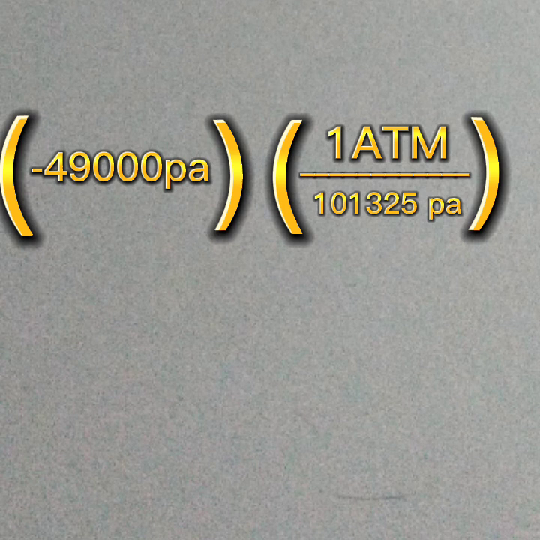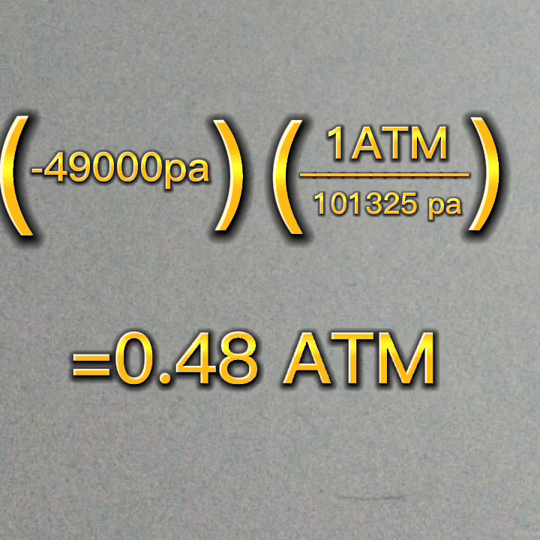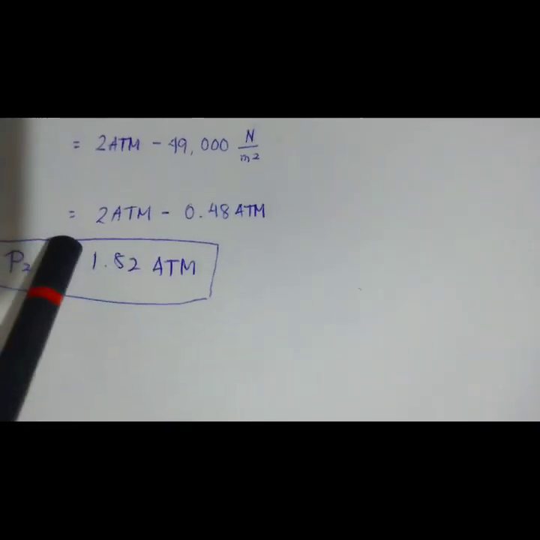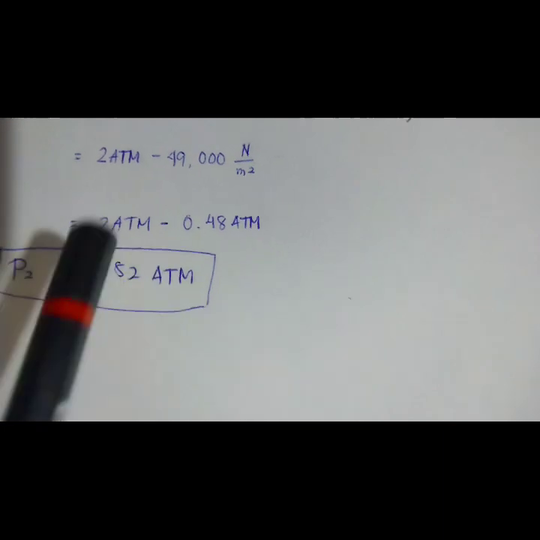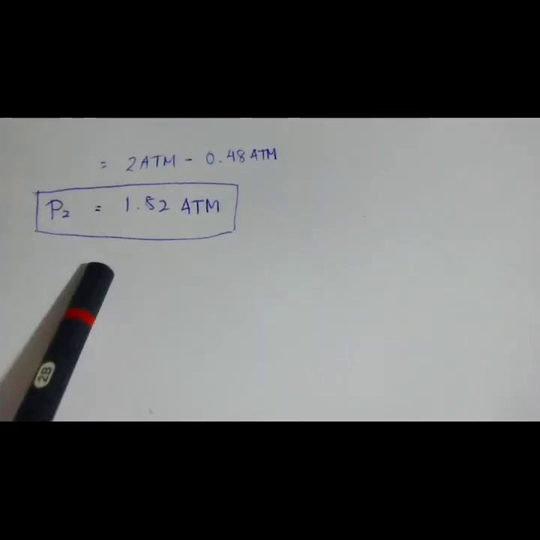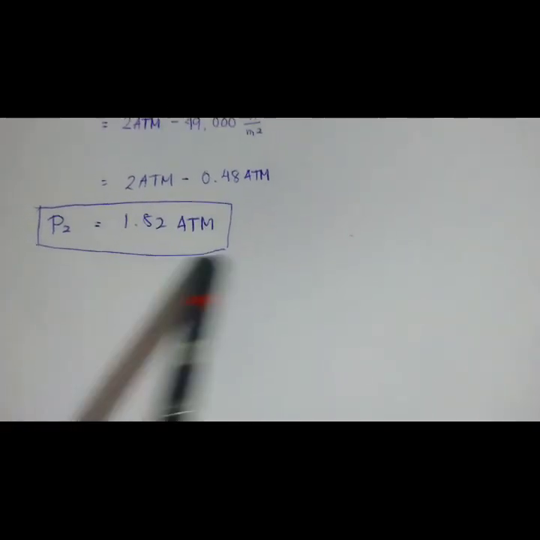So the Pascal cancels and the atmosphere remains. Then we divide and get 0.48 atmosphere. The result is 2 atmosphere minus 0.48 atmosphere, which equals pressure 2 equals 1.52 atmosphere.